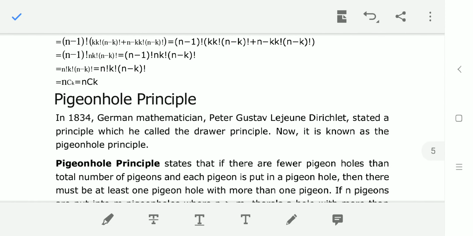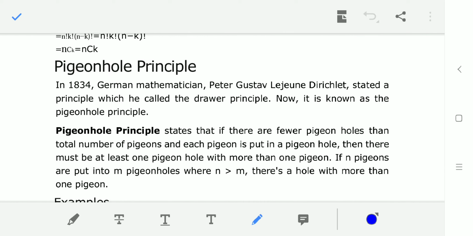Okay, next is the Pigeonhole principle. In 1834, German mathematician Peter Gustav Dirichlet stated a principle which he called the drawer principle. Now it is known as the Pigeonhole principle.